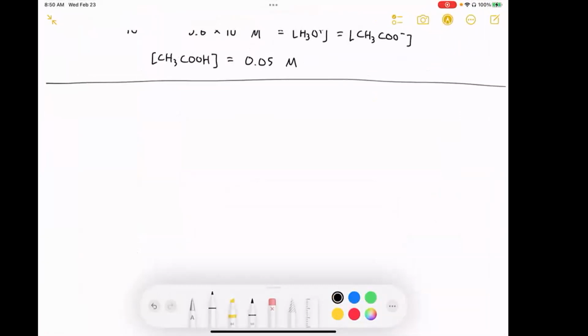So now we're going to determine Ka of acetic acid at the midpoint.